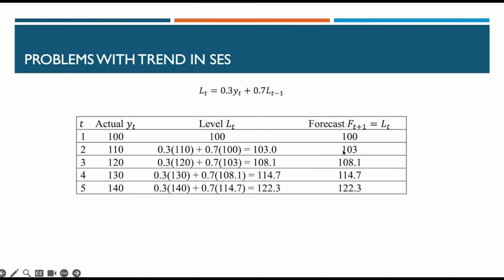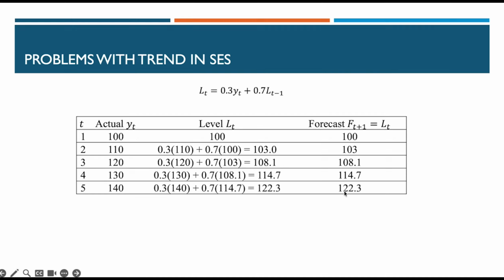Keep doing that until you get the forecasted values for all 5 points. And if you compare the forecasted values to the actual values, the actual values are ahead of the forecast all the time. 110, 103, 120, 108, 130, 114, 140, 122. So the actual values are always ahead of the forecast.